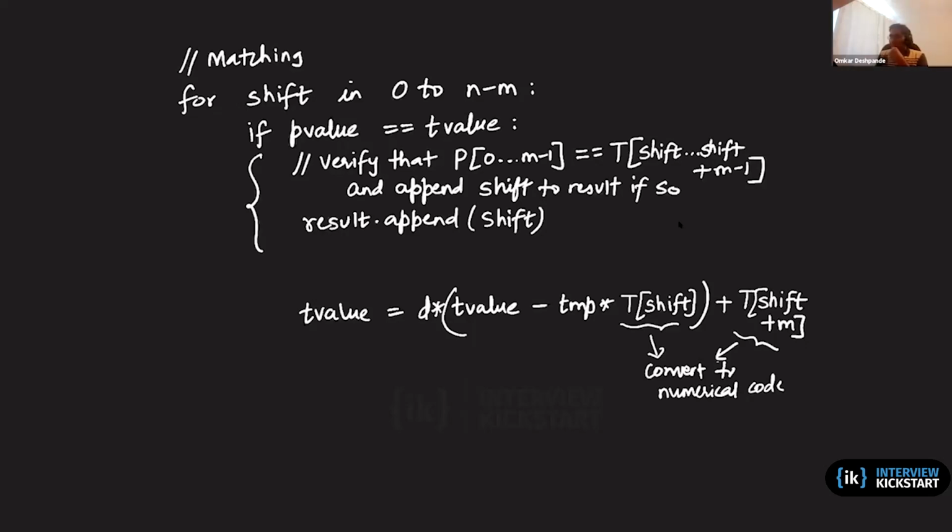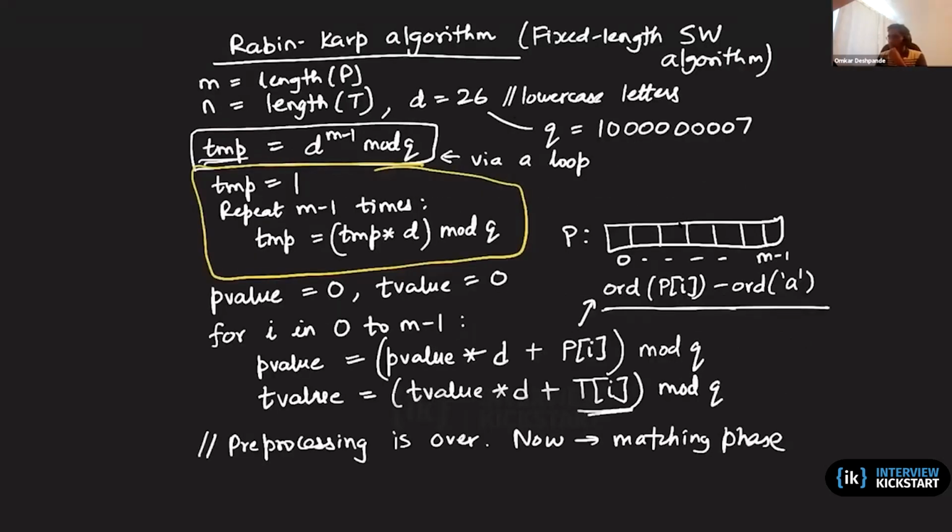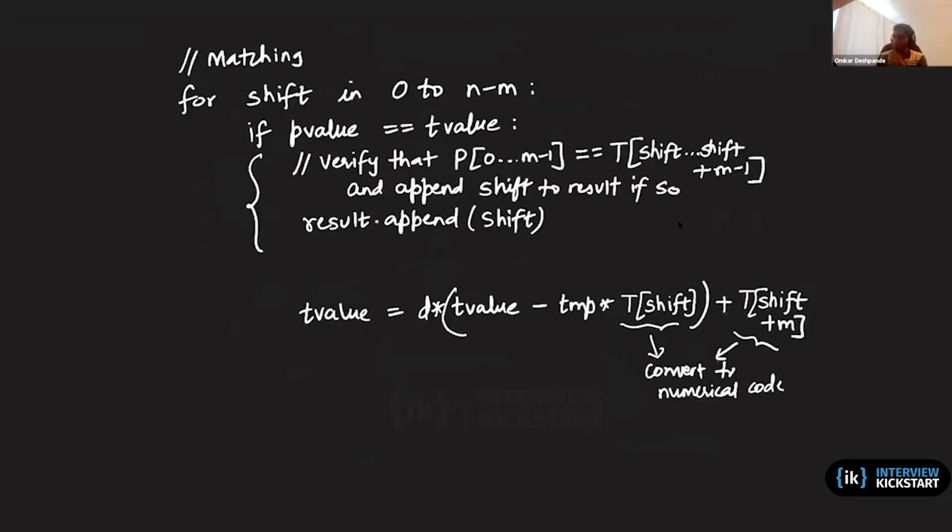So it's really going to be this formula. Wherever there is t of shift, it's going to be the ASCII value of t of shift minus the ASCII value of little a. And likewise for the other. And this whole thing needs to be surrounded by a mod q.